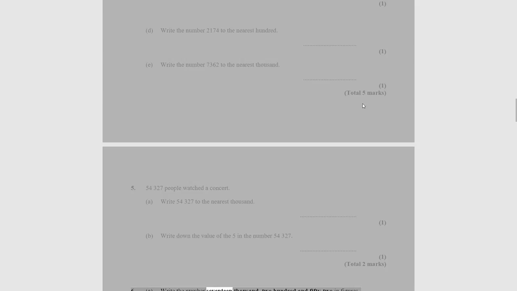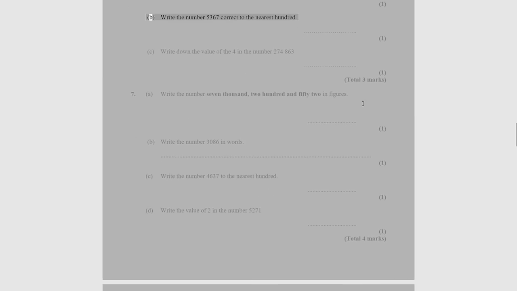Write the number 17,252 in figures. 6b. Write the number 5,367 correct to the nearest hundred. 6c.